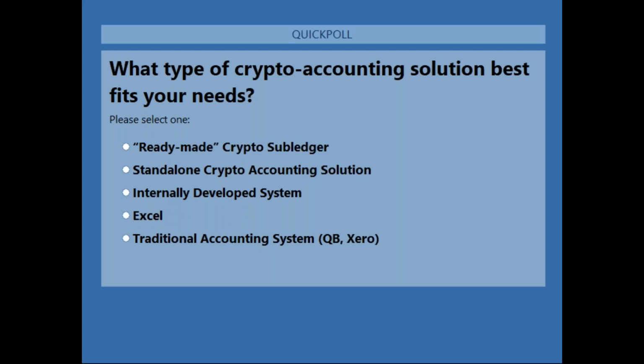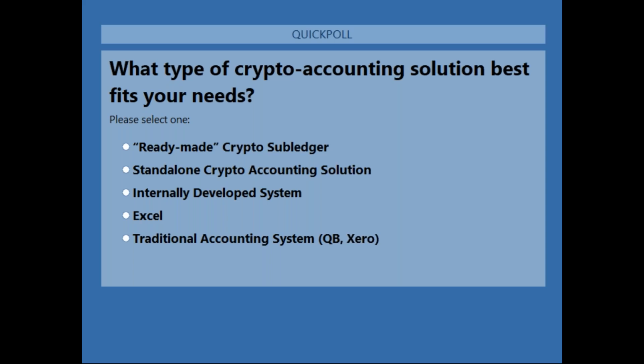Okay. So the question I have here for everyone is really about the different accounting solutions that I just discussed. We're curious what you folks on the call are using today and what you think would best fit your needs. There's the ready-made crypto subledger, which plugs into the rest of your environment. The second option is the standalone solution that would effectively replace QBO, Xero, Intacct, or NetSuite.